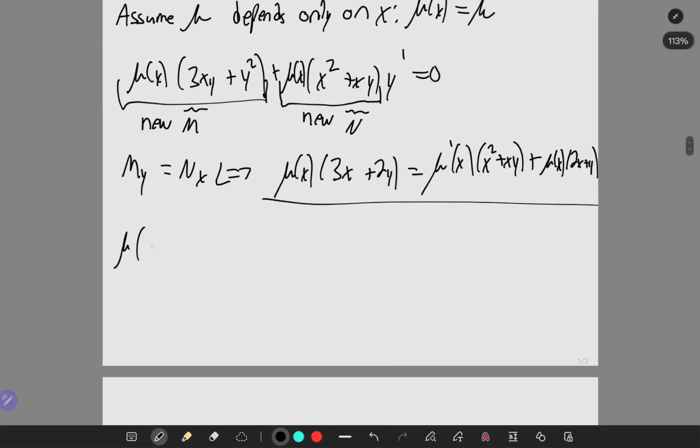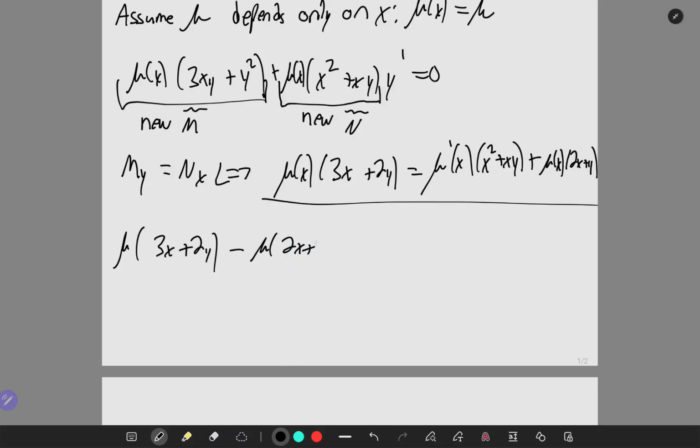So we have mu times (3x plus 2y), and I'm going to subtract this other term over. This is equal to mu prime of x times (x squared plus xy). Okay, so now let's see here. What's next?